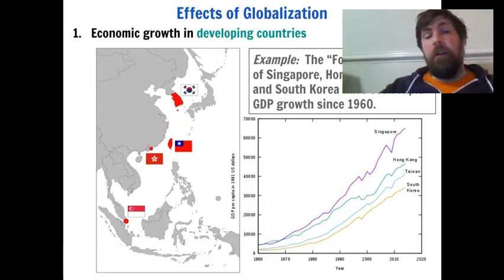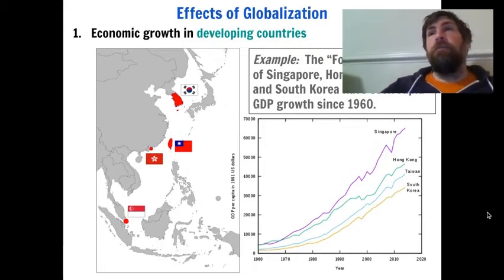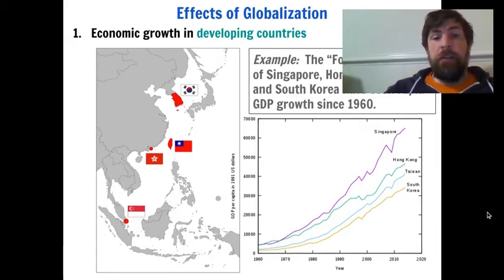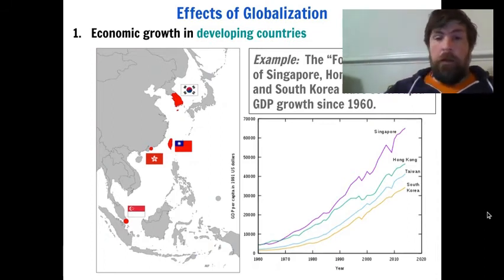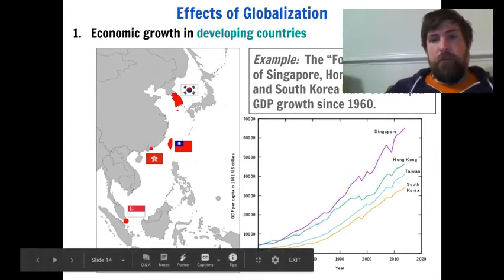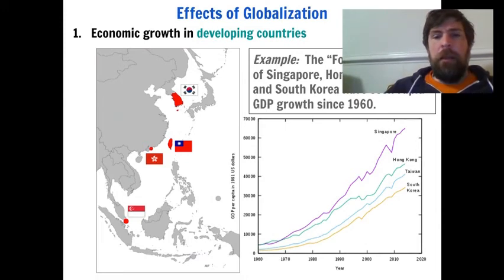Because more work is now being sent overseas from the United States to other countries, because the United States is buying things that are manufactured in Asian countries, those Asian countries are able to have a lot of economic growth. This graph shows you the 4 Asian tigers of Singapore, Hong Kong, Taiwan, and South Korea, and it shows you how their GDP has exploded since 1960.